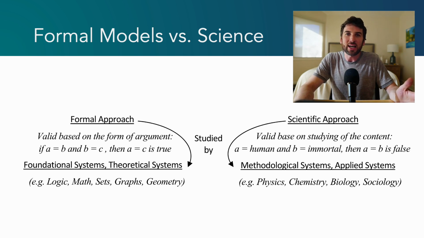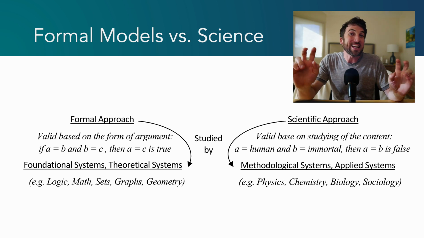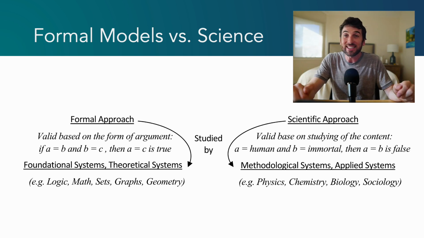So basically, science is about really assessing what's inside a formal system. And logic and math, geometry, those are about just a formal model of this is true based on the form, but it doesn't actually say what it is or if that's true in nature. Science uses methodology, applied systems to try to understand which logical systems actually apply to the world we see. Though it can never actually be proven that's what nature is, we can find ones that are more useful over time.